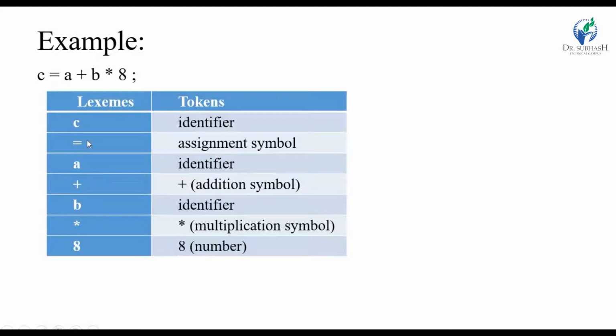Then after the equal to assignment symbol, A is an identifier, plus the addition symbol, then B identifier, star multiplication symbol, then 8, any number. You can write any example for a source program.